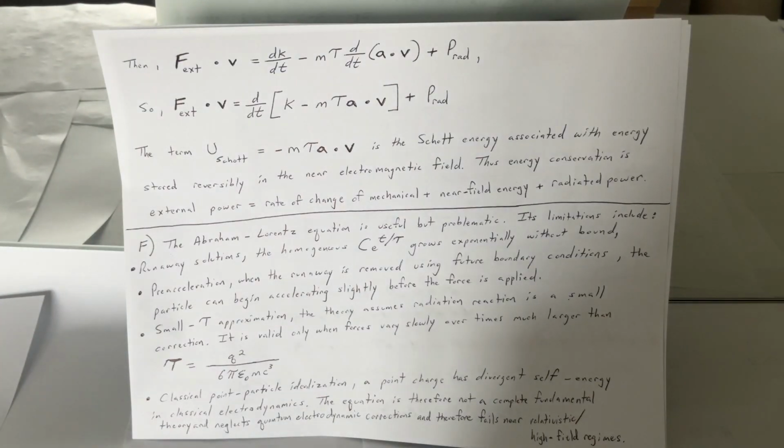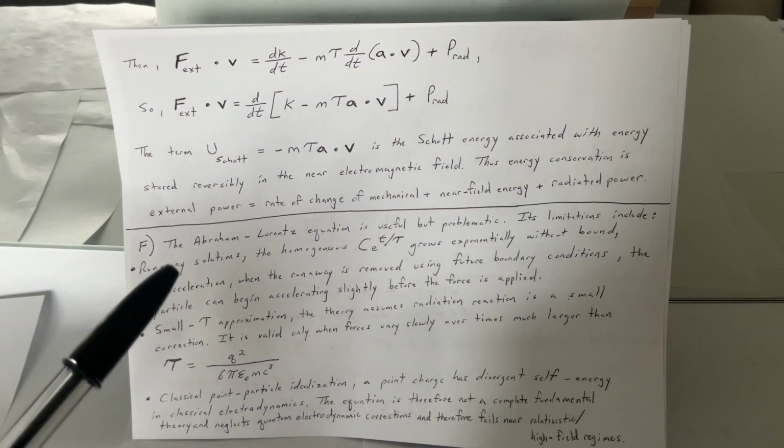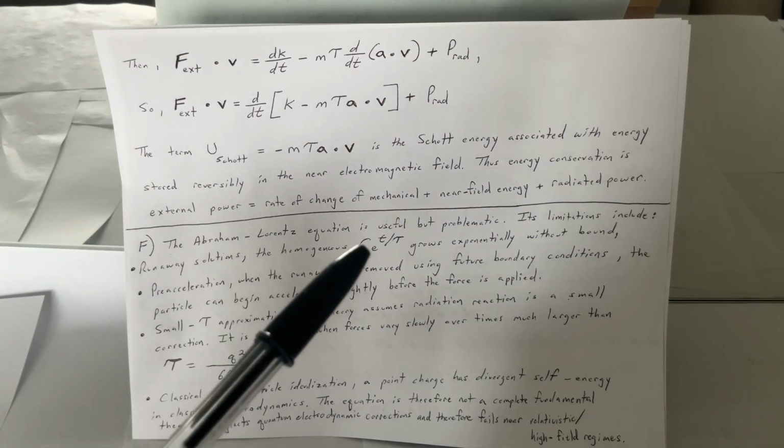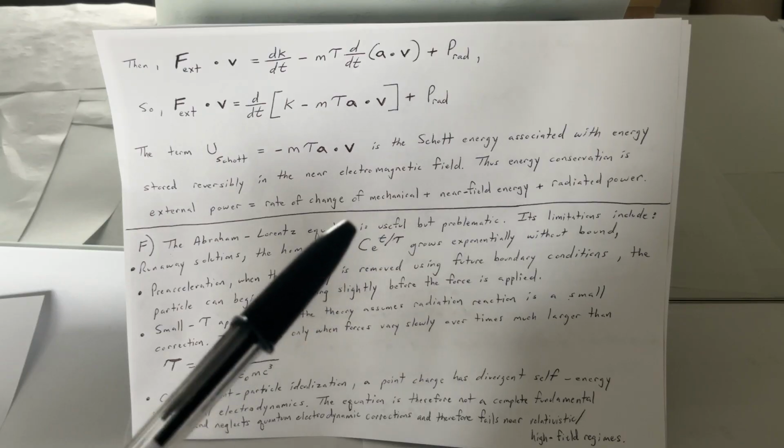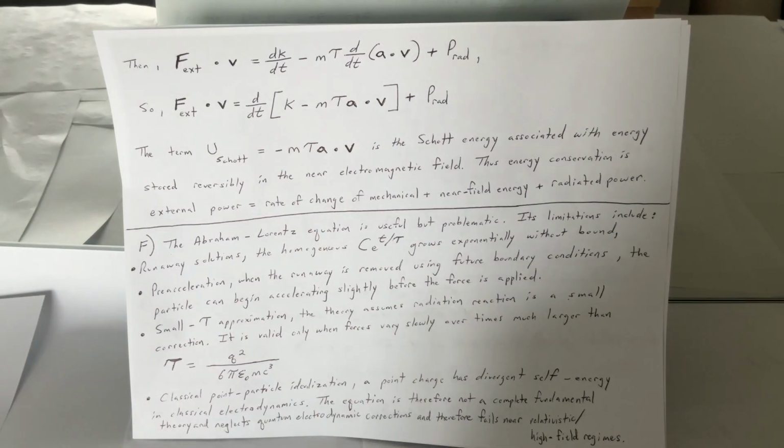For runaway solutions, the homogeneous solution C e to the t over tau grows exponentially without bound. For pre-acceleration, when the runaway is removed using future boundary conditions, the particle could begin accelerating slightly before the force is applied.